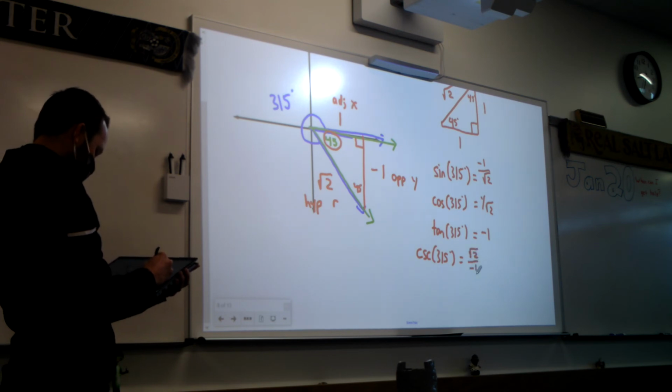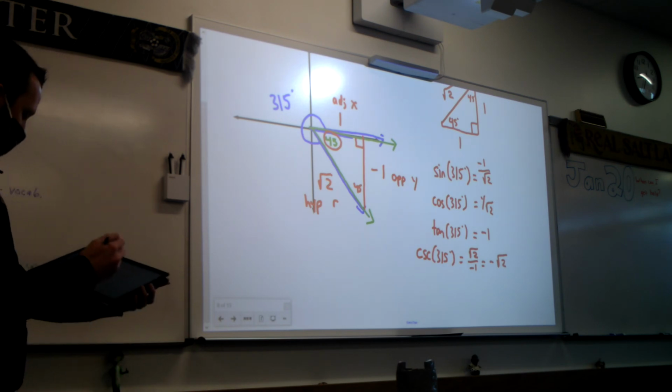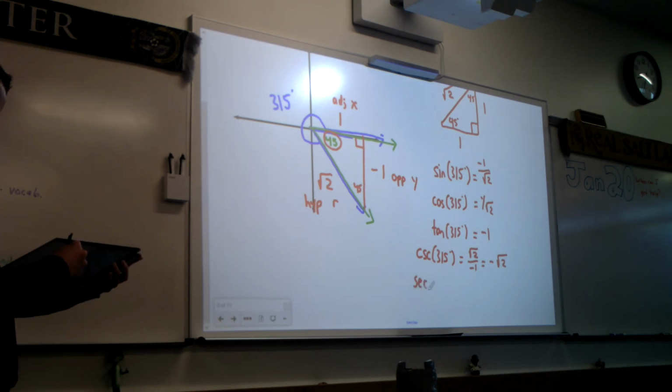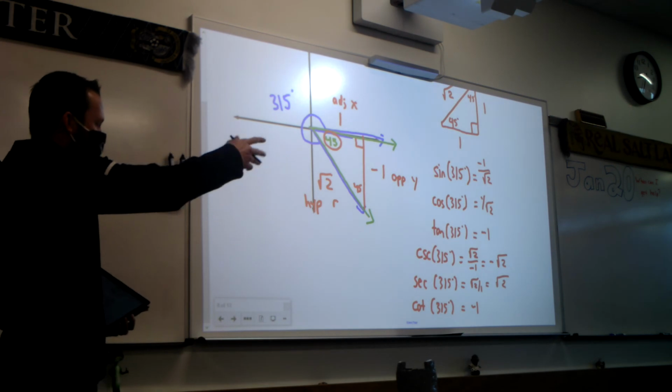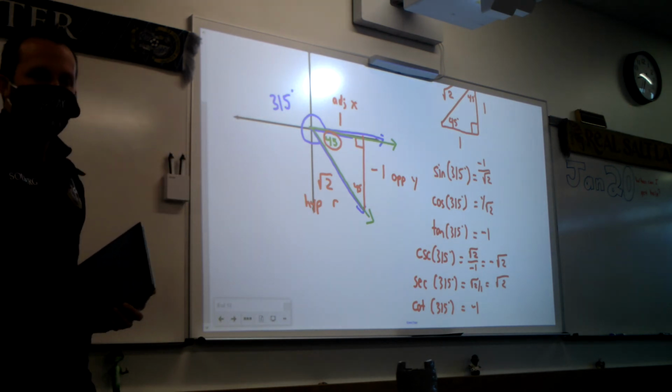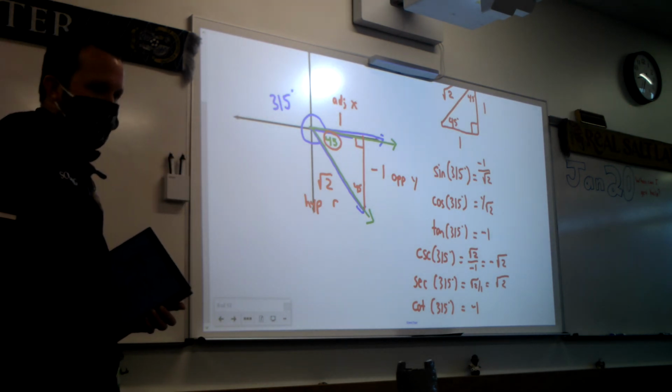Great, and we'll just simplify that by bringing the negative, like that. Cool, keep on going, secant. Great. And then lastly is cotangent. Yep. Because in this case, it would be the opposite of tangent, but either way, it's still just negative 1, right? Okay, good job.